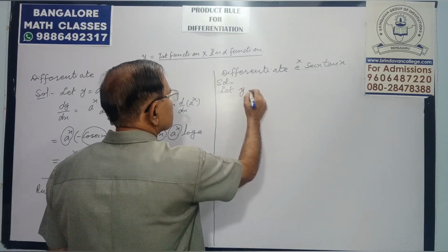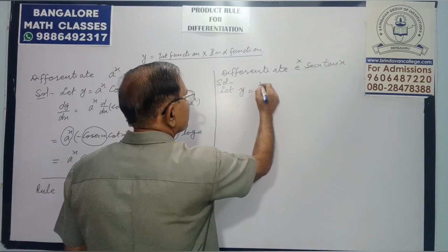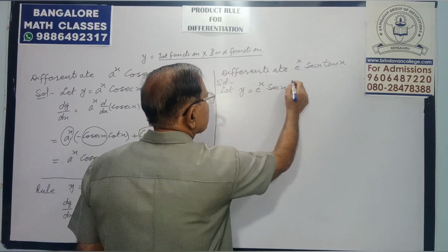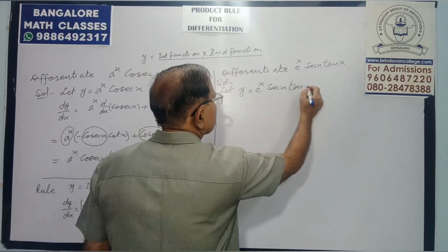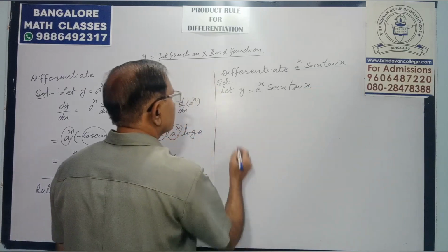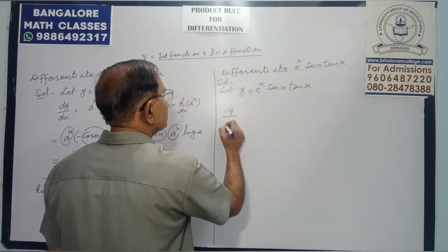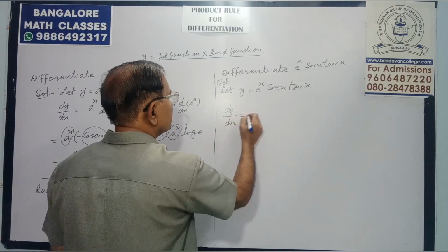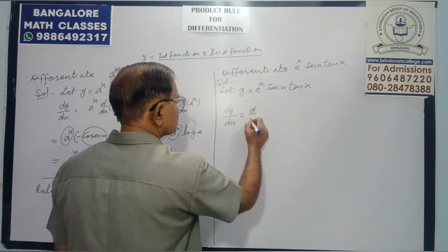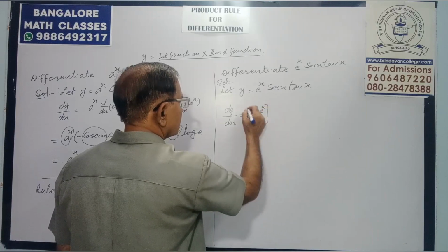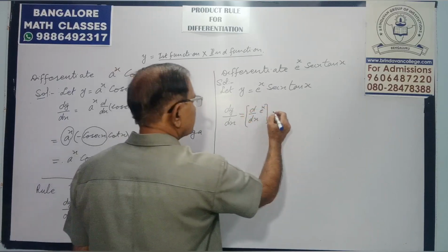Let y equals e power x secant x tan x. Differentiating, dy by dx: differential of the first, remaining 2 as it is.